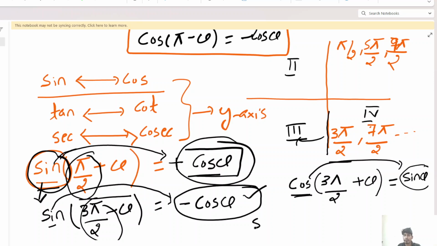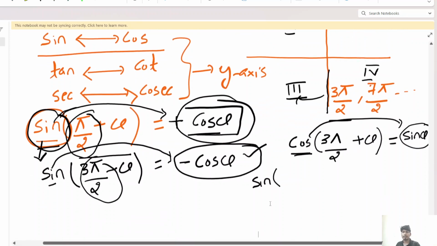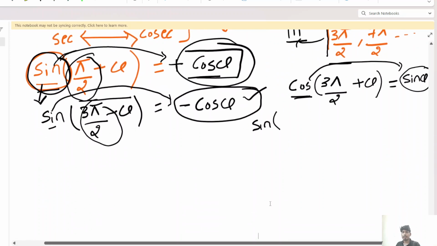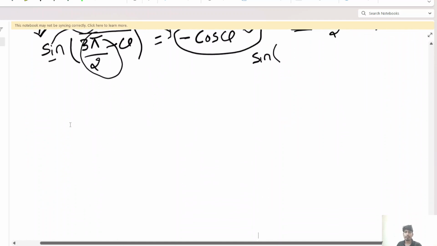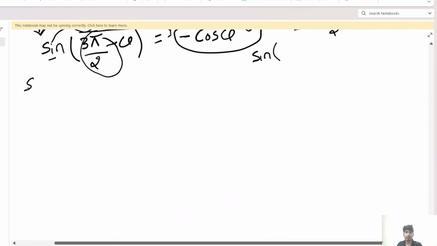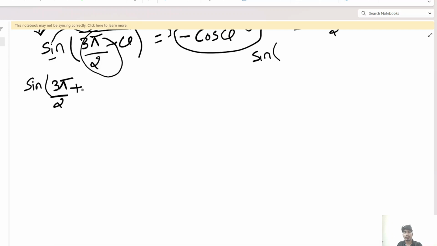Then tell me, what is the value of sine of 3 pi by 2 plus theta? We know here it is 3 pi by 2, so sine goes into cos, then theta here. Then tell me what is the sign here, plus or minus.